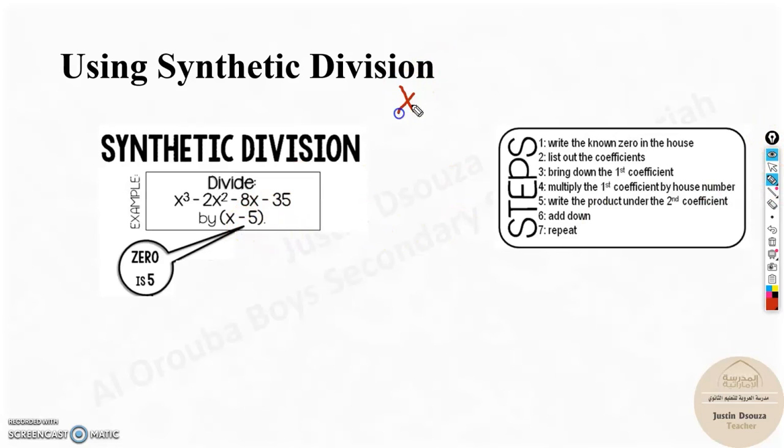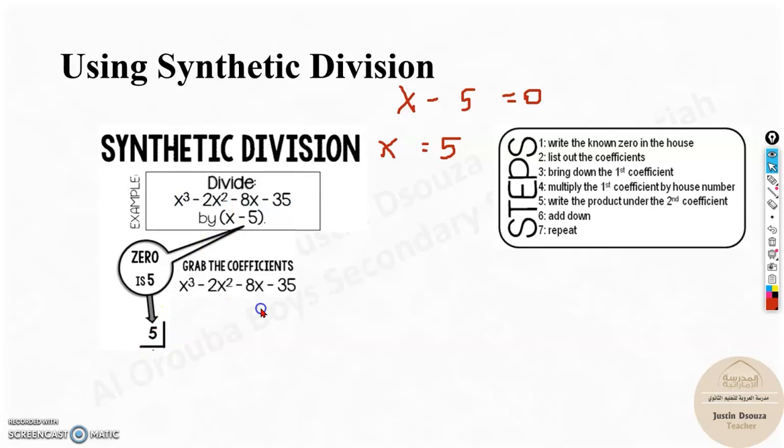How do you find the solution of this? x minus 5, make it equal to 0. What is x equal to? It's equal to 5. So this number is very important. This is 5. The divisor is very important. Sorry, this number is written like this. And then the coefficients of the dividend.